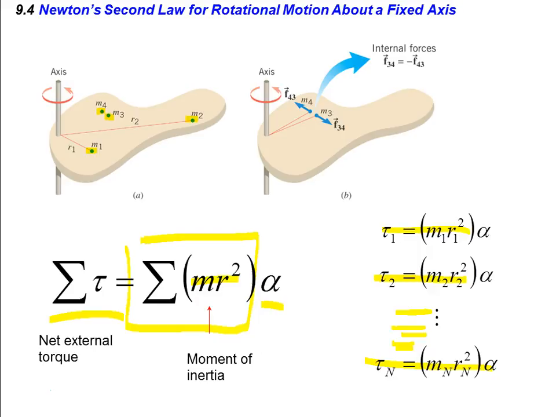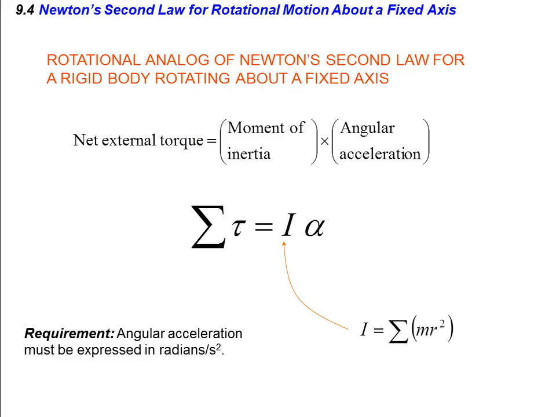With irregular shapes, finding the moment of inertia is actually quite difficult. However, when we have nice shapes, we have certain formulas that we can use based off of calculus. We won't be doing the calculus, but we can use those formulas for those nice shapes.